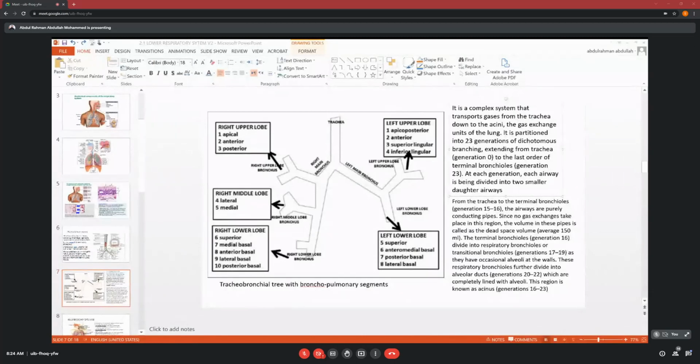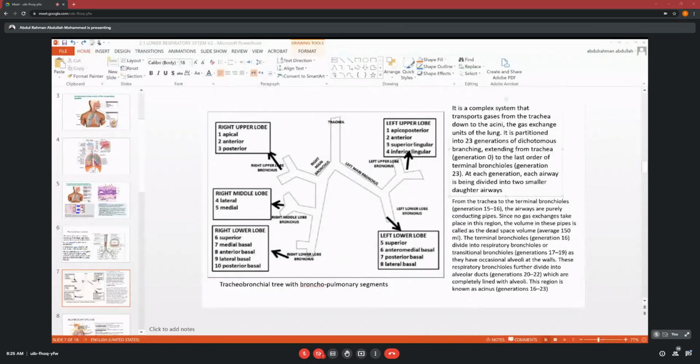This is dichotomous branching as a terminology. It is a complex process that controls the morphogenetic division of the bronchial system.